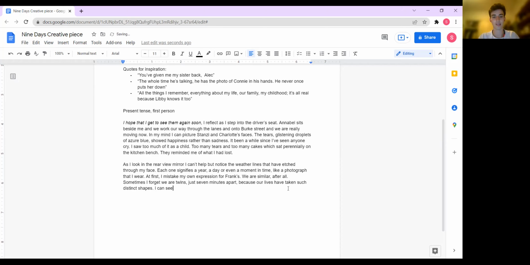I can see the loneliness he feels on his face. So Frank was deeply affected, as I've mentioned before, by the loss of his father. And potentially we can still see that sort of loss on his face. It certainly affects his entire life, right? It's not something that he, I think, gets over throughout the book.